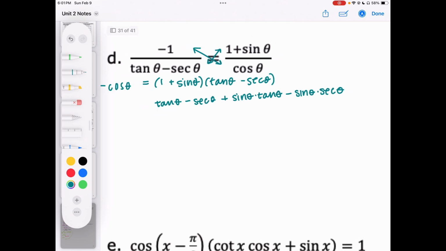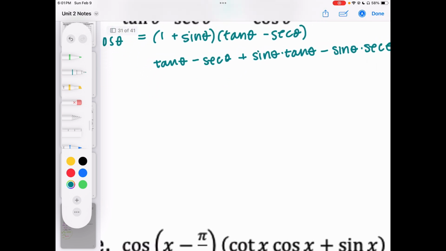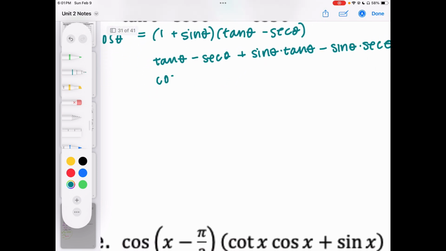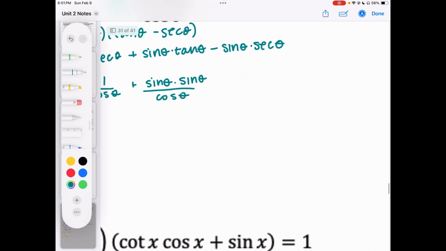So there's a lot happening, okay? I think now is a good time to simplify and write things in terms of sine and cosine. So we have sine theta over cosine theta minus 1 over cosine theta plus sine theta times sine theta over cosine theta minus sine theta times 1 over cosine theta.